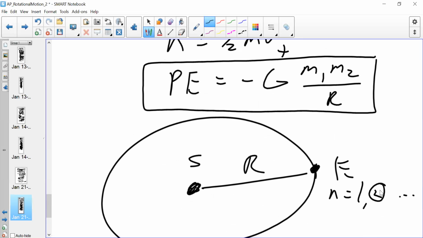If it's in energy state 2, it doesn't mean it's in orbit 2. It means that the energy is in another state in that same orbit. When it's at n equals 1, we call it the ground state. So this potential energy between Earth and sun, let's say, is the ground state, or binding energy, or potential energy, all the same thing.